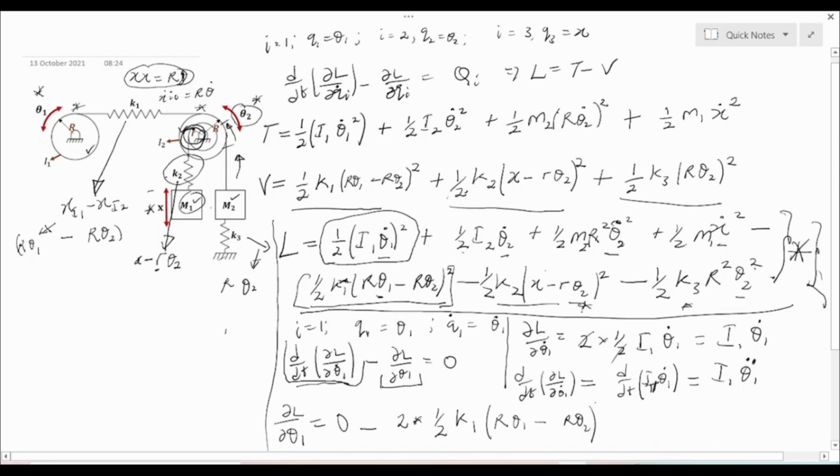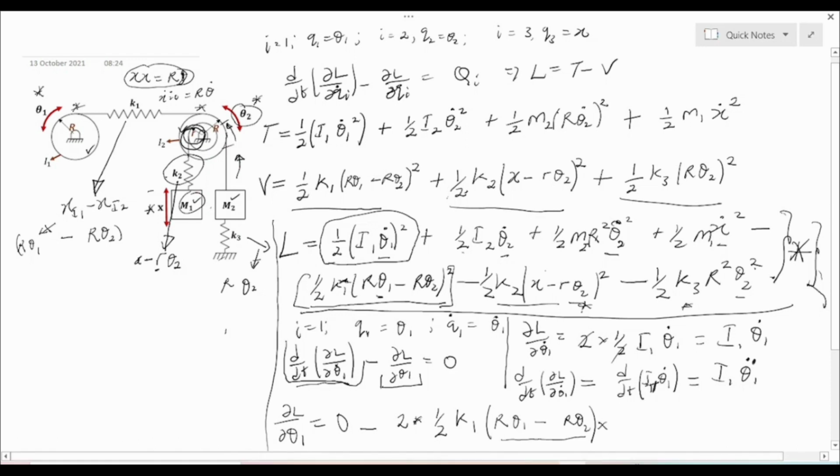The square will disappear because we are differentiating, so the square has come inside. And also we are to multiply by what we get when we differentiate what we have inside the brackets, and that will give us r.